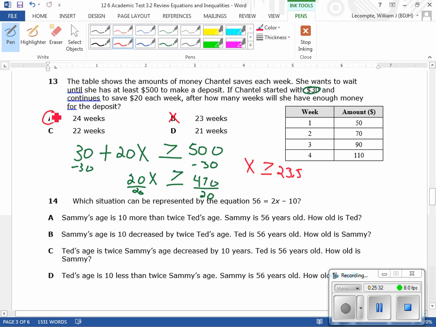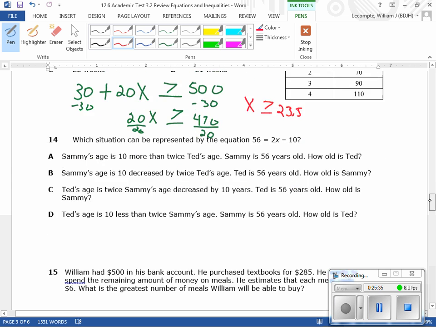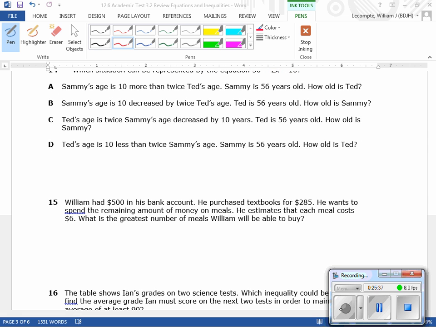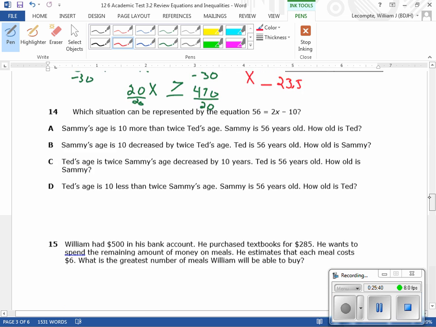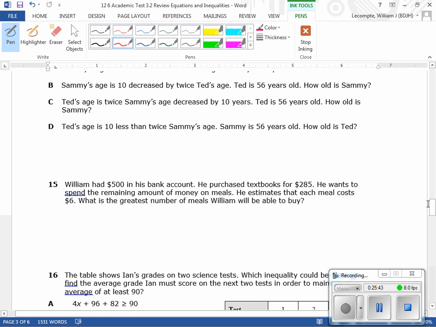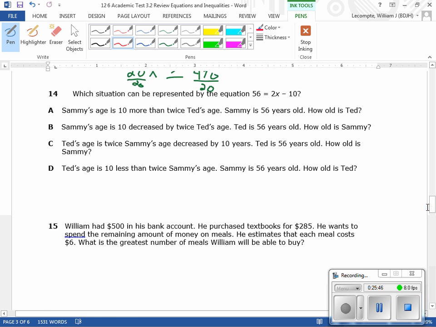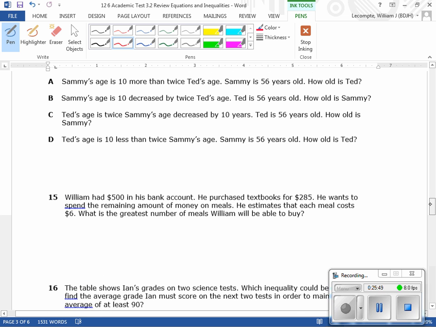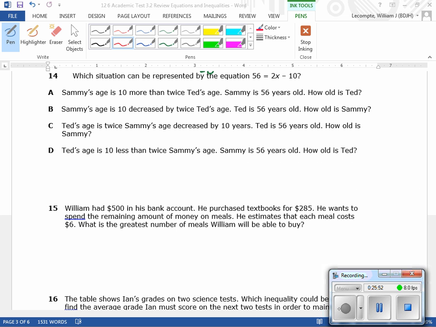Alright, number 14 says, which situation can be represented by the equation 56 is equal to 2x minus 10? Alright, so A says Sammy's age is 10 more than twice Ted's age. That says that 56 is equal to 10 more than twice Ted's age, so that's not it.